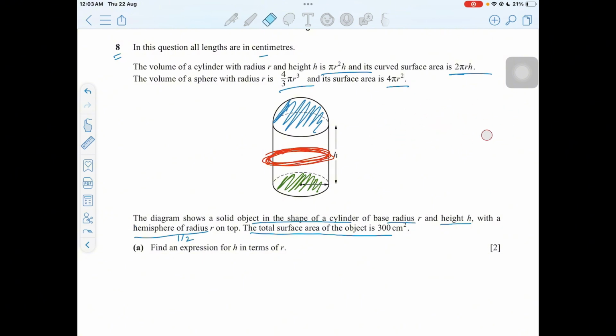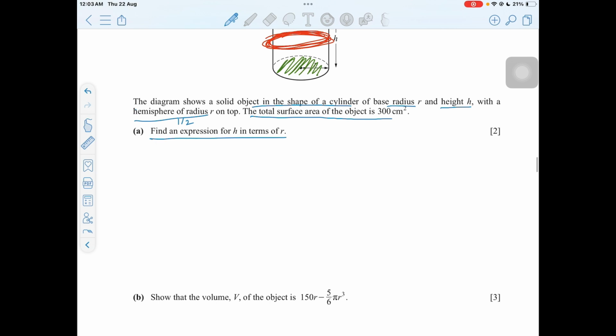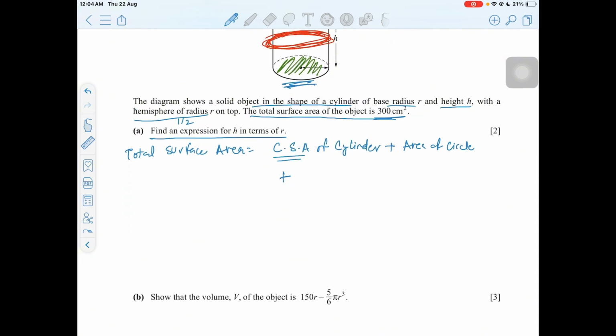So this was it. Find an expression for h in terms of r, right? So we have been given the total surface area. Total surface area is equal to curved surface area, I have written CSA, curved surface area of cylinder, plus area of circle, that is in green, this green part, and I would say surface area of hemisphere, right?